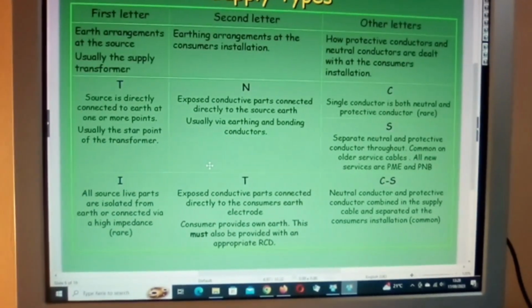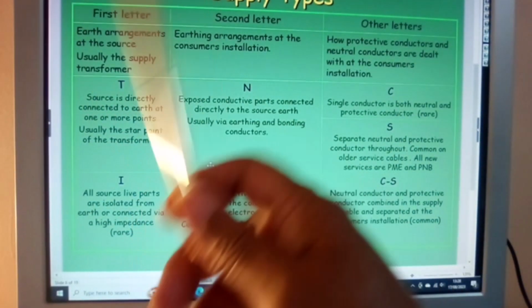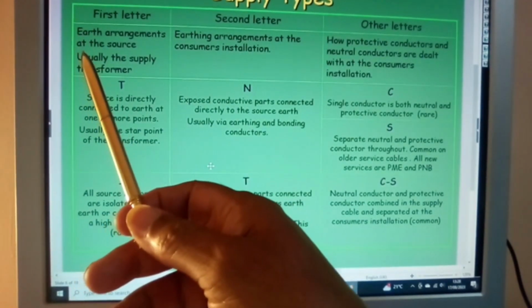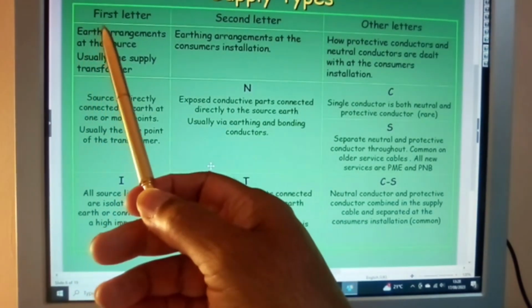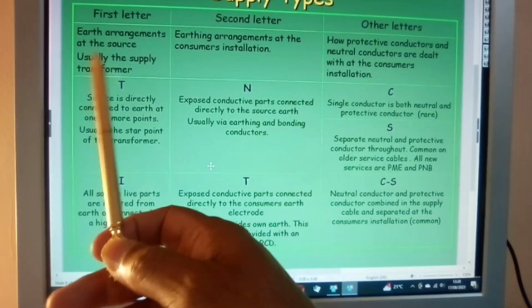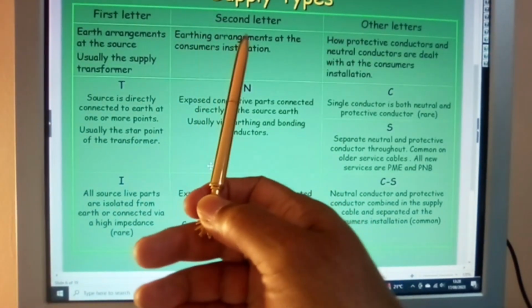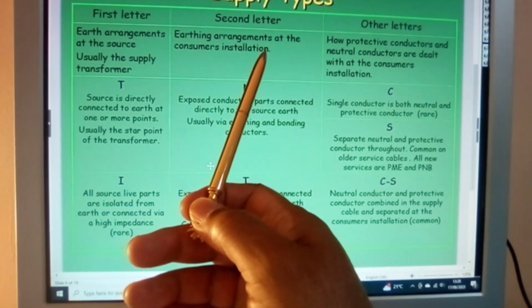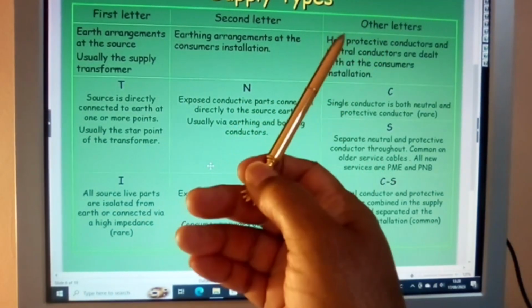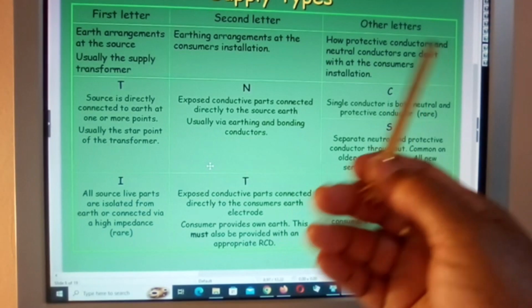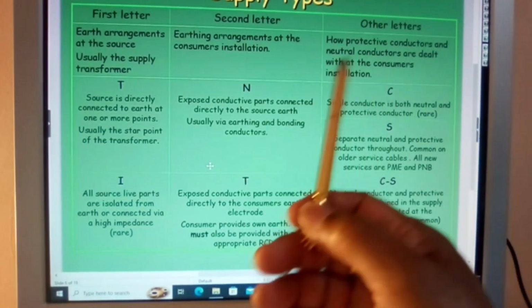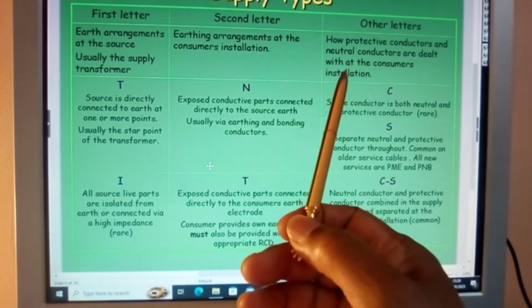Now supply types. First letter T, for instance, would refer to earth arrangement at the source, usually the supply transformer. Second letter, earthing arrangement at the consumer installation. Other letters, how protective conductors and neutral conductors are dealt with at the consumer's installation.